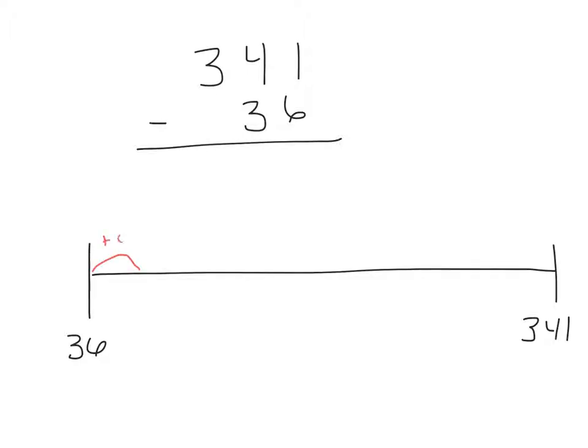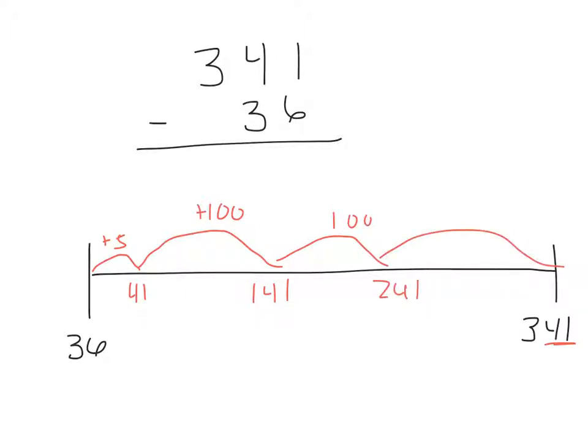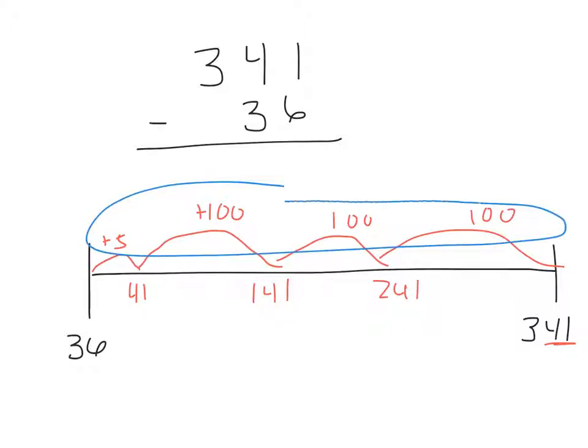I'm going to plus 5 to get to 41. So now my 10s and my 1s place are the same, and I just have to worry about jumping 100. If I do 100, it gives me 141. Another 100 gives me 241. And a third 100 gives me 341. So now when I add all these up, my answer is 100, 200, 300, and 5.